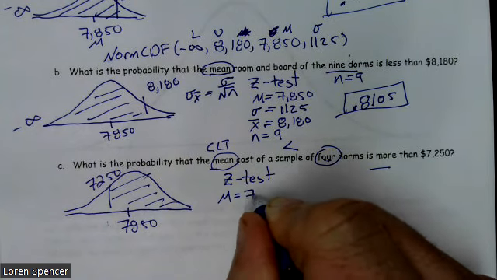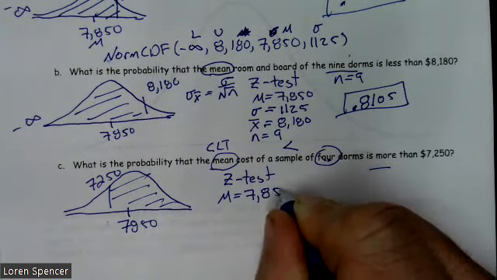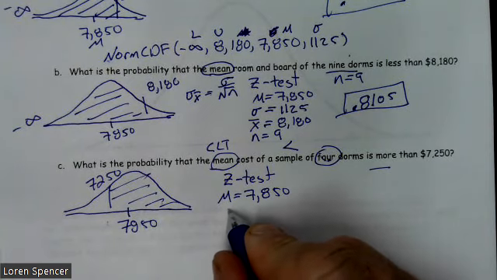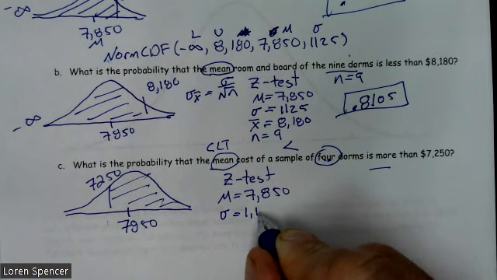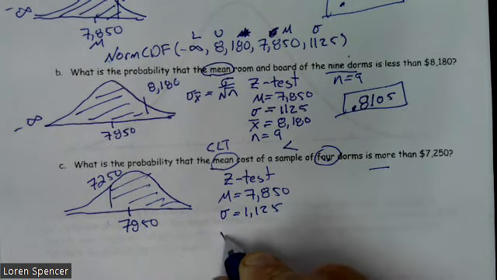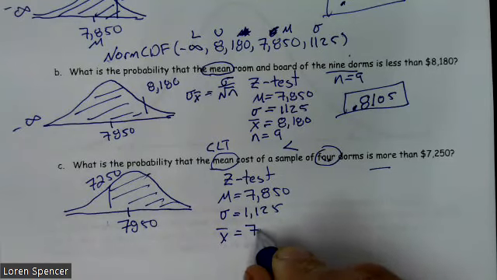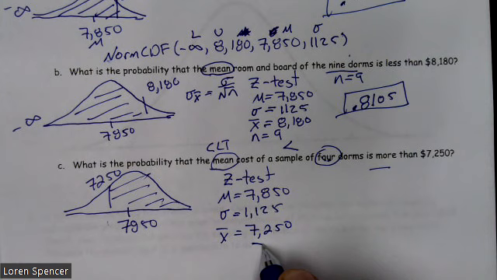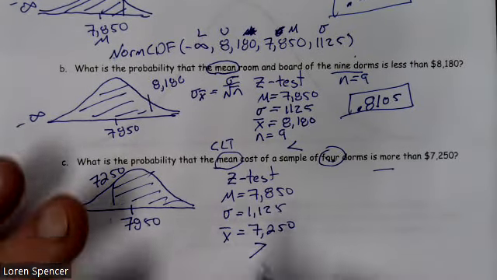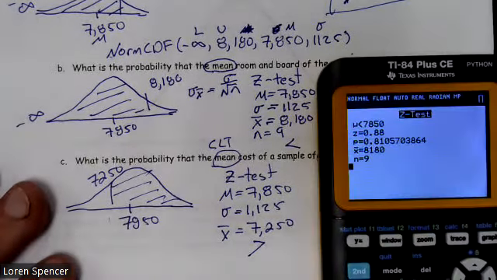The mean is 7,850. Our standard deviation is 1125. Our X bar is 7,250, and we need a greater than symbol. So that's the work that we need to show in order to receive credit.